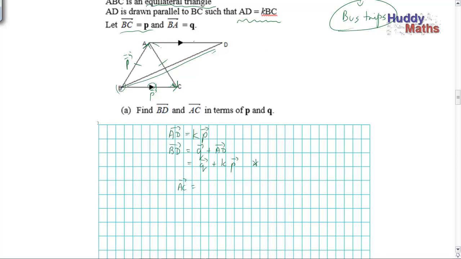Displacing A to C is the same as doing it the long way, displace it to B, which is neg Q. Oops, sorry, I put the wrong thing in there, I rubbed it out and put in the wrong thing. So that's neg Q plus P. Take it around the back here. Neg Q plus P, or we'd usually write it P take Q. So that's the other thing we were asked to do.